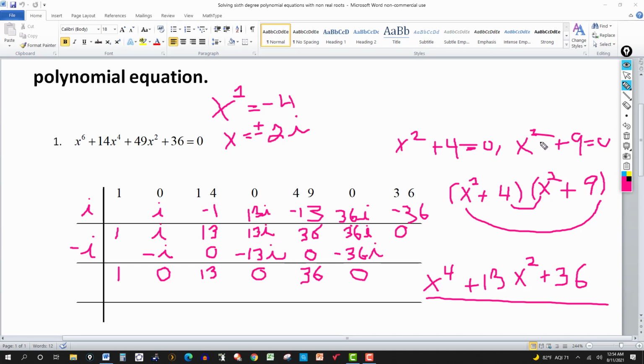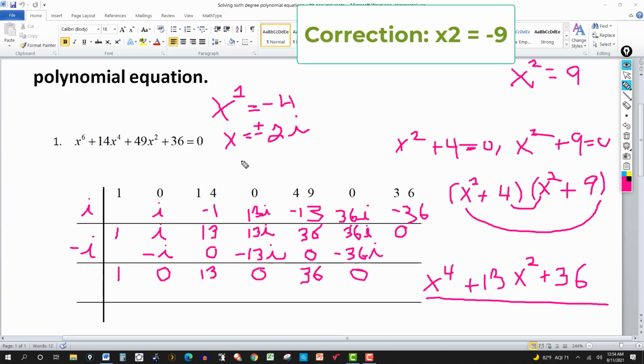Do the same thing with x squared plus 9. Solve for x squared. x squared would equal negative 9. Take the square root of both sides, plus or minus, then x would equal plus or minus the root of 9, which is 3. And of course the negative stays under the radical, so that generates the i.